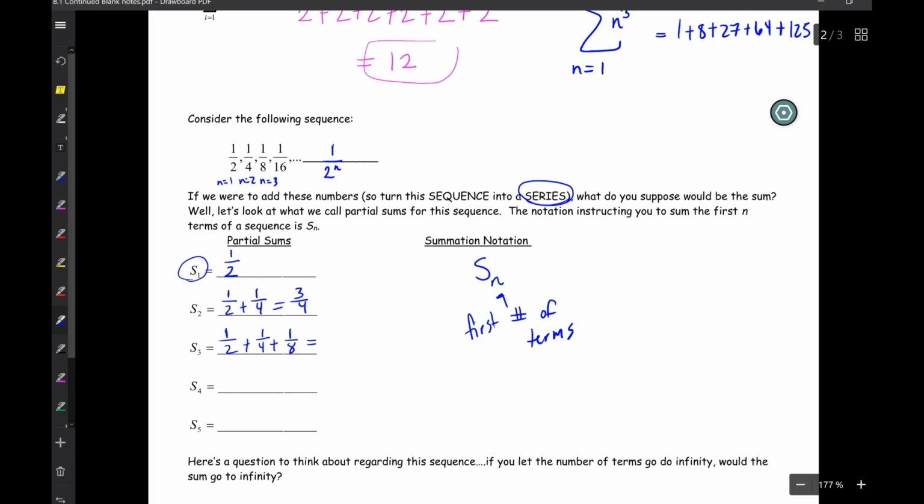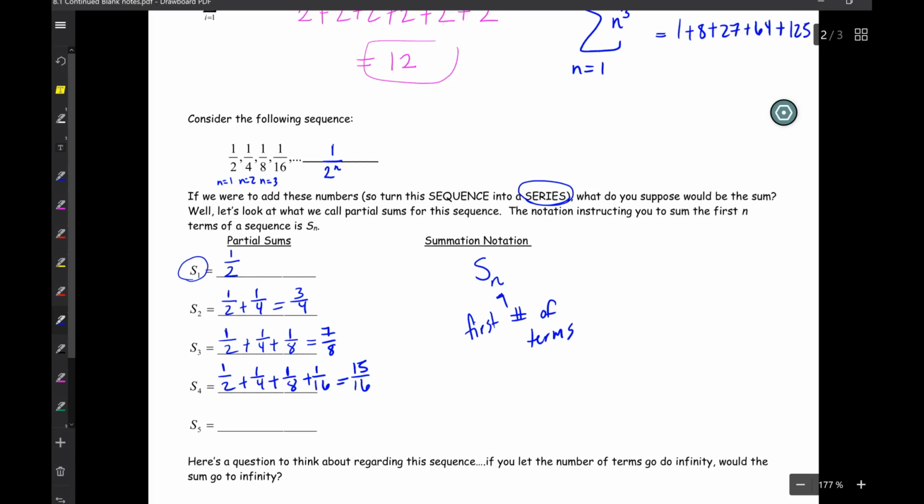So the sum of the first 3 terms, what did that come out to be? Good, 7/8. How about the first 4 terms? 1/2 plus 1/4 plus 1/8 plus 1/16. So we're adding 14/16 plus 1/16 gives us 15/16.